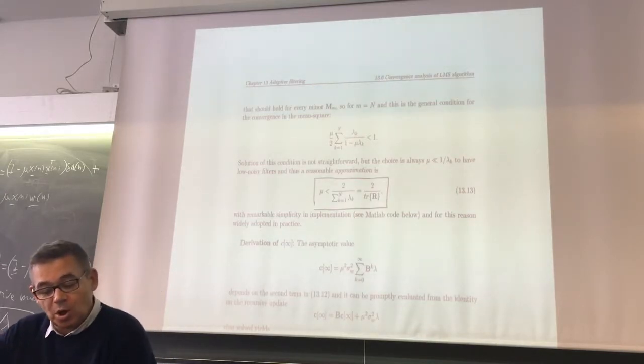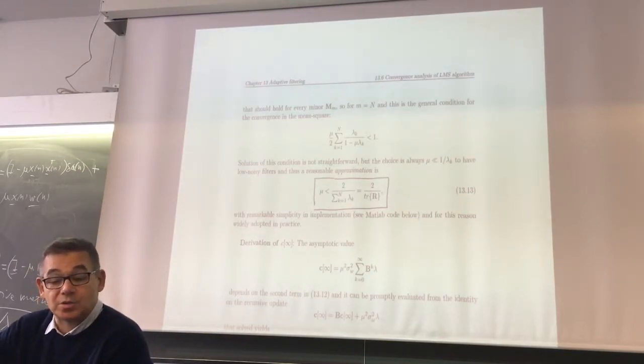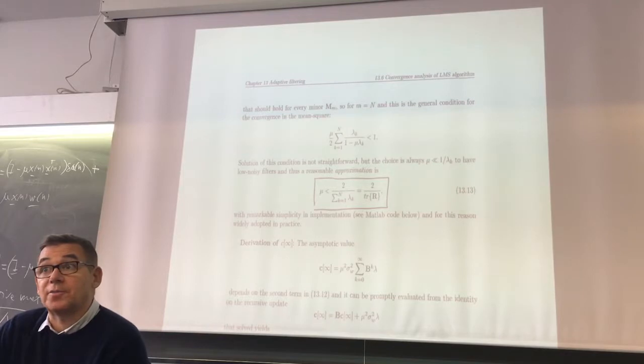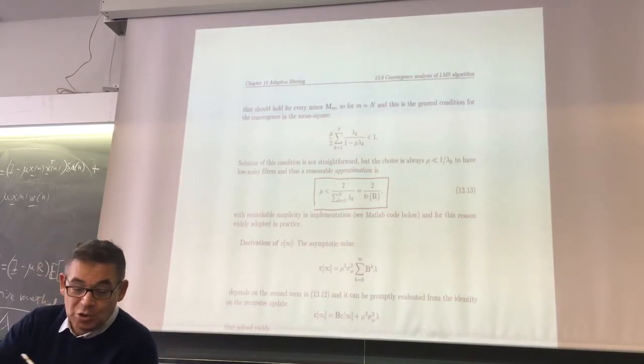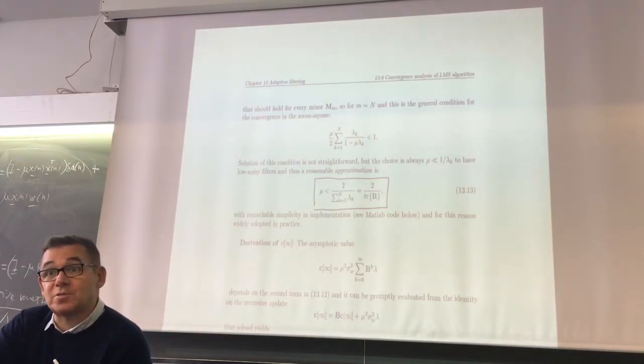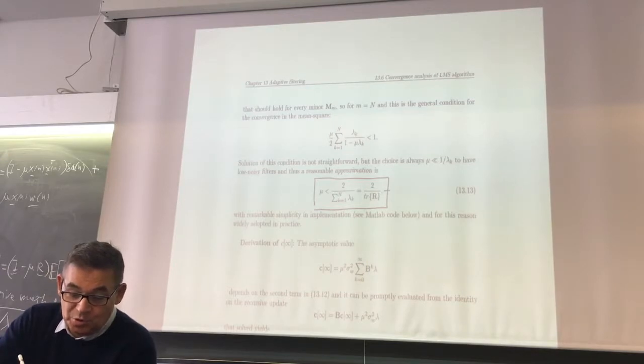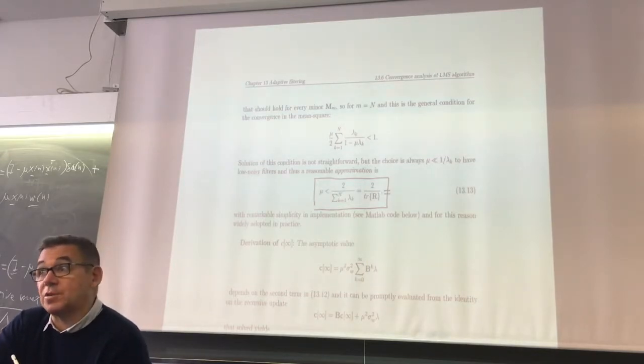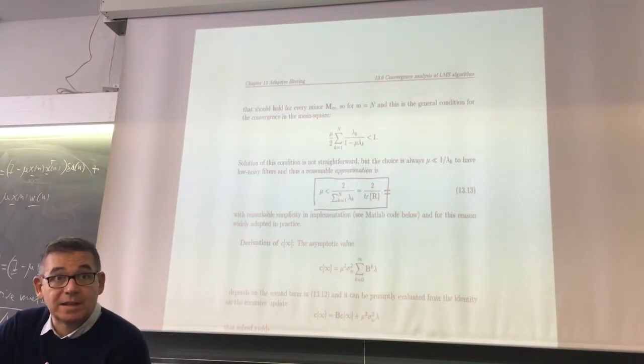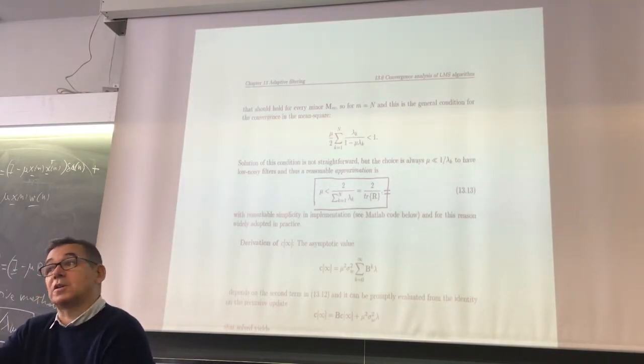should be smaller or equal than 2 times the sum of the eigenvalues, which is the trace of the matrix R. So the condition for convergence to the mean square is that mu should be smaller than 2 times the trace of the matrix R. But the trace of the matrix is the sum of the powers.